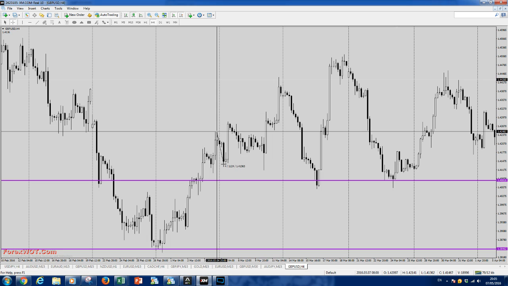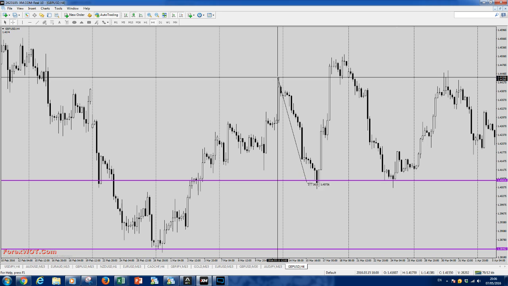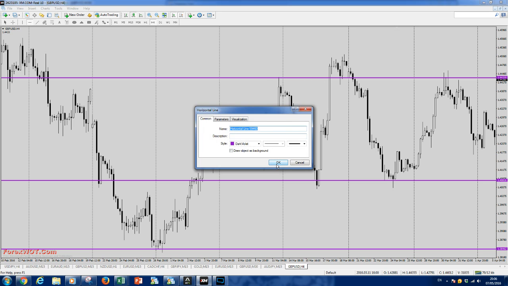A 100 pip movement is good, but I'm only looking for the serious rejections, like 371 pips, big rejections compared with the rest of the other lines. So this was a nice rejection here, and I would use this line here.